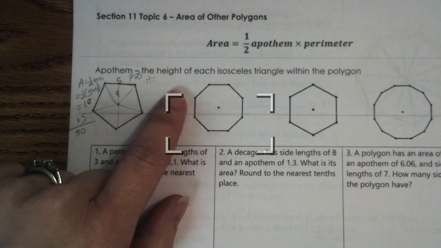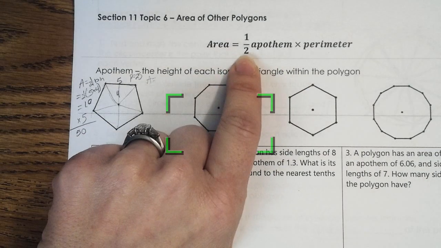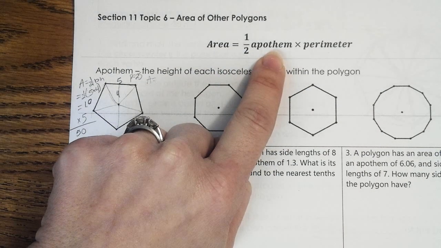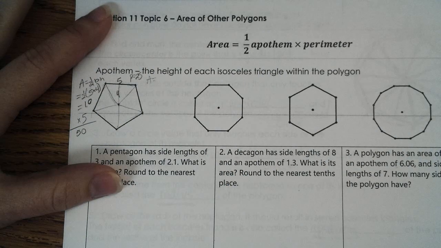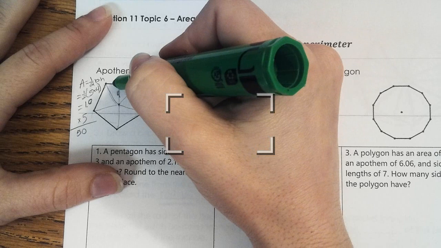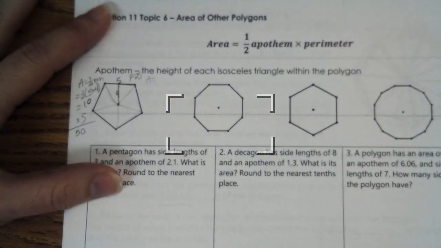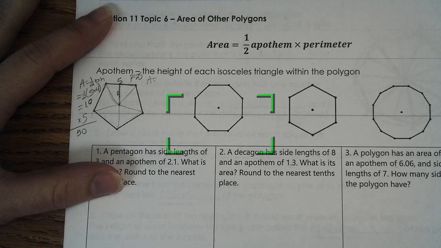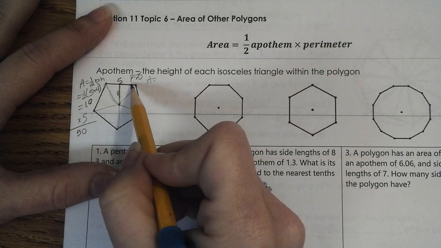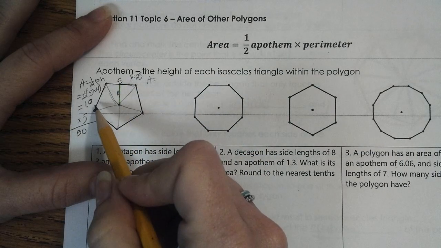Or you can do it with this formula, 1/2 times the apothem, which is the height of the triangle. We learned about that last time. That's the apothem, times the perimeter. And the perimeter is just the base multiplied by the number of sides.